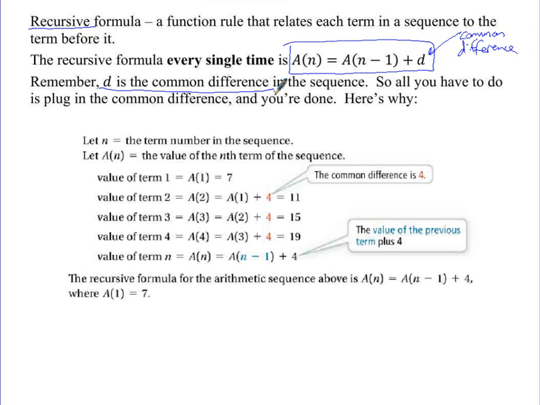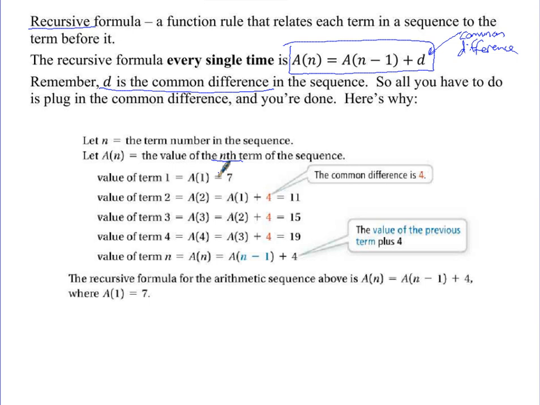Here's why. If n is the term number in the sequence, then A of n is the value of the nth term in the sequence. This is very formal notation right there, nth term. If the value of term 1, then I'd have A of 1 equals 7.